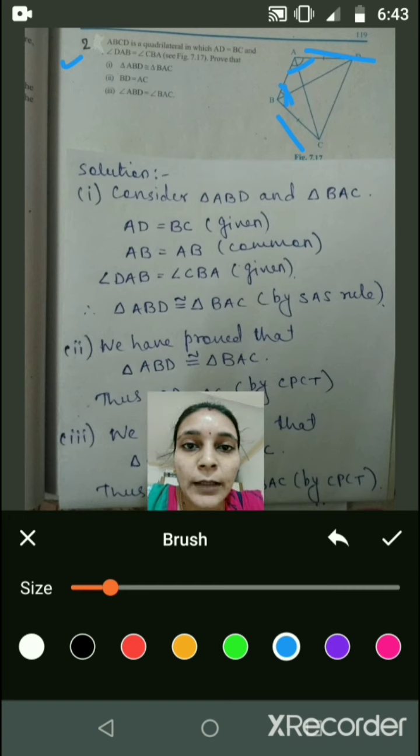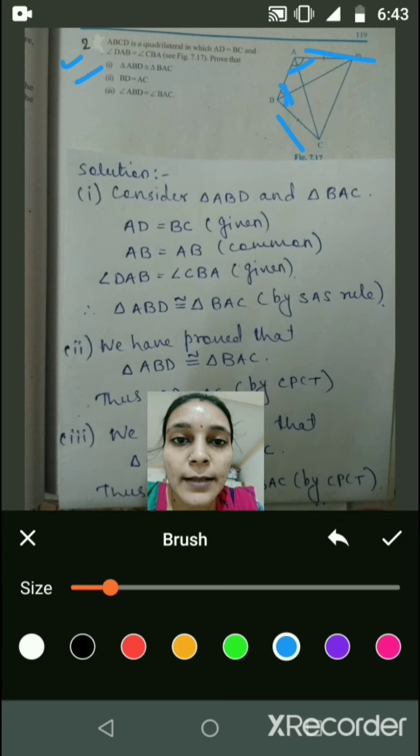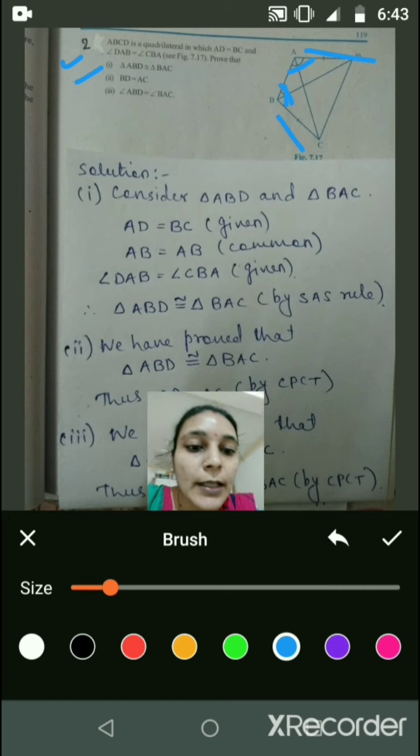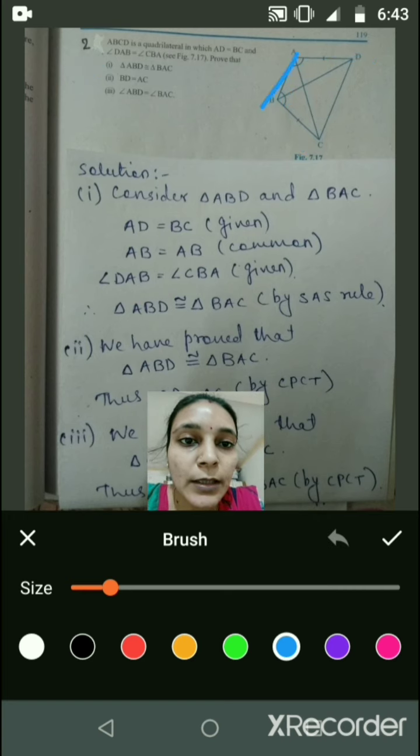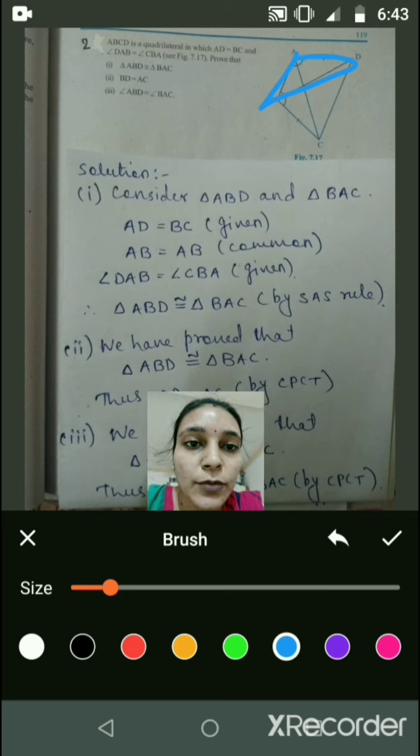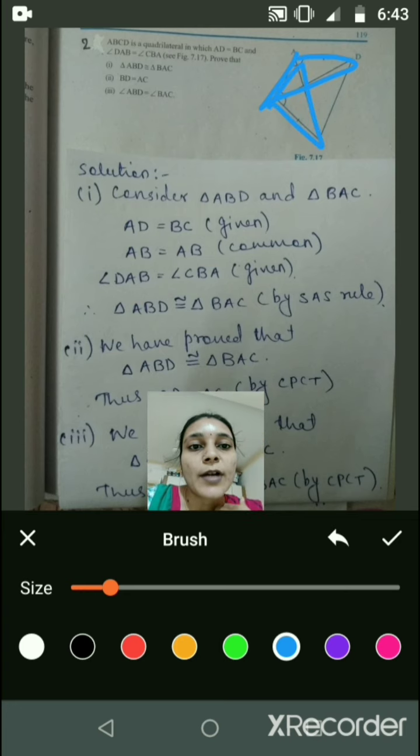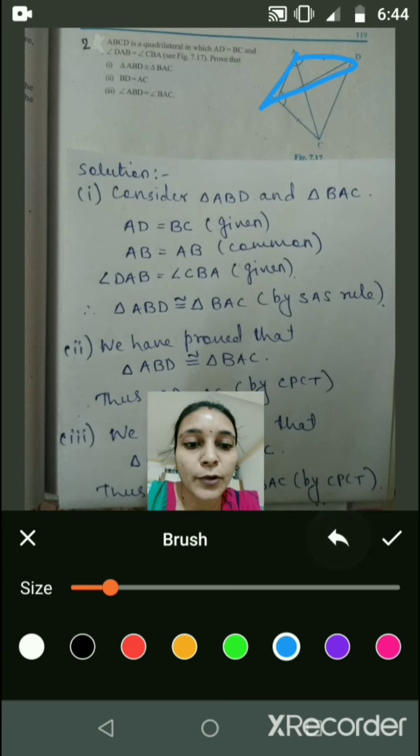The first part we want to prove is that triangle ABD is congruent to triangle BAC.